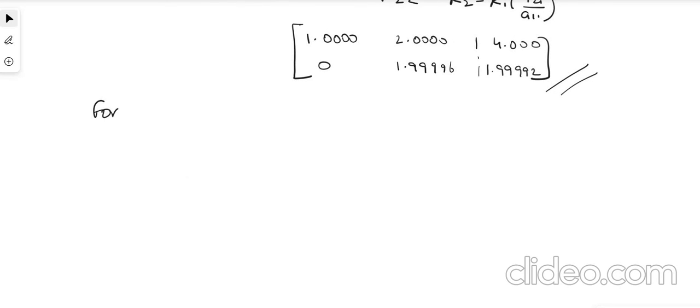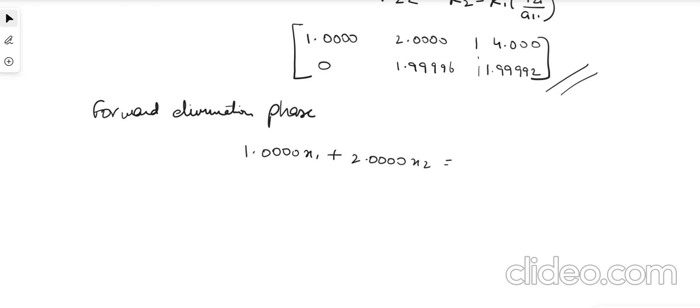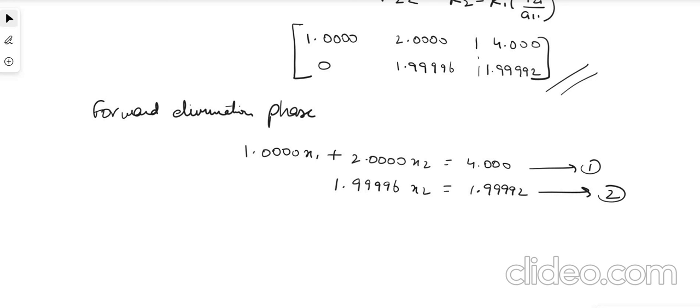Now using the forward elimination phase, the equations formed will be 1.0000 x1 plus 2.0000 x2 equals 4.000, and the second equation is 1.99996 x2 equals 1.99992. This is the first equation in case 4 and this is the second equation in case 4.